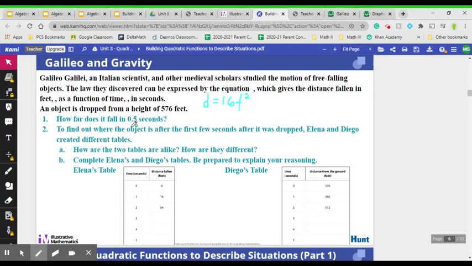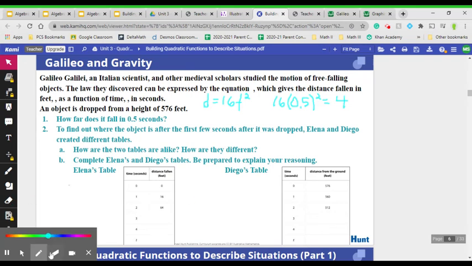So if I wanted to know how far it went after half a second, I'm basically going to just put 0.5 into my equation and do 16 times 0.5 squared. I can type that directly into my calculator, and that would give me an answer of only 4 feet.